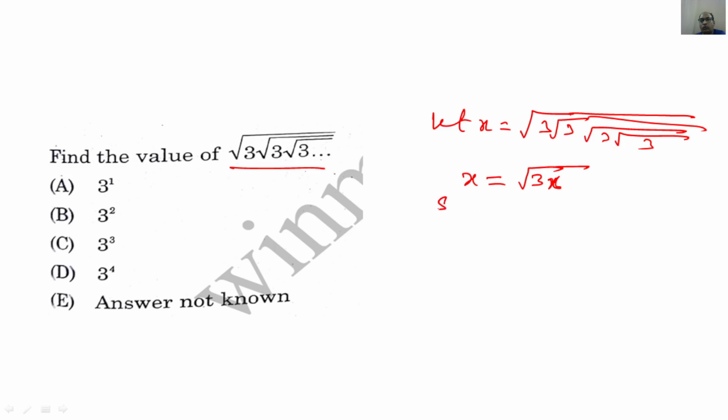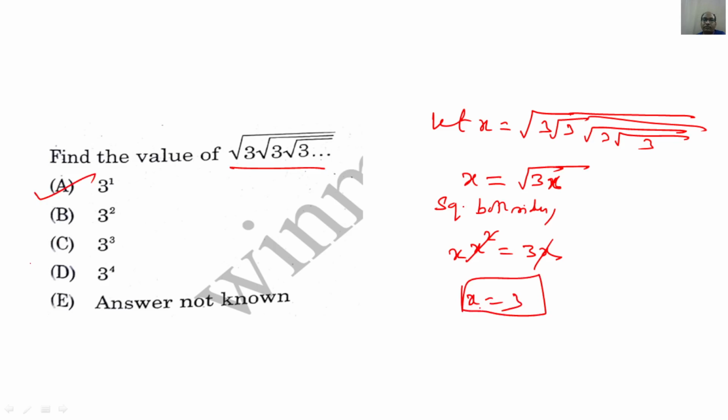Now squaring both sides, x square is equal to 3x, correct? Now this x will cancel the x on this side, so x is equal to 3. So this 3 to the power 1 will be the answer.